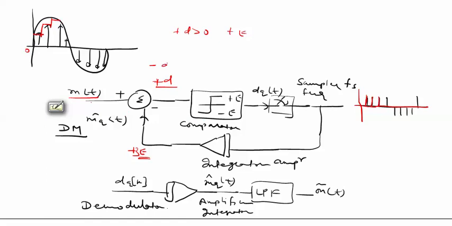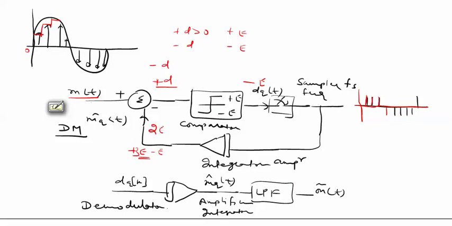Now the decision is minus d. In the case of minus d, the comparator jumps to minus e. So in this case the result is minus e. Minus e is sampled here, and in the accumulator minus e.